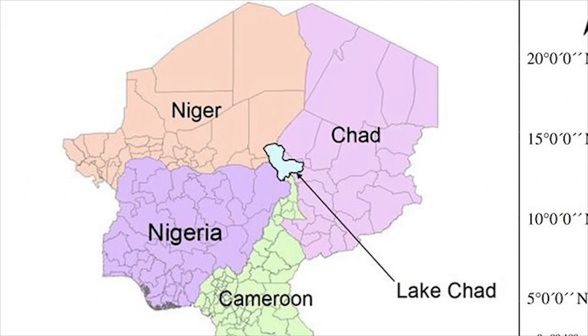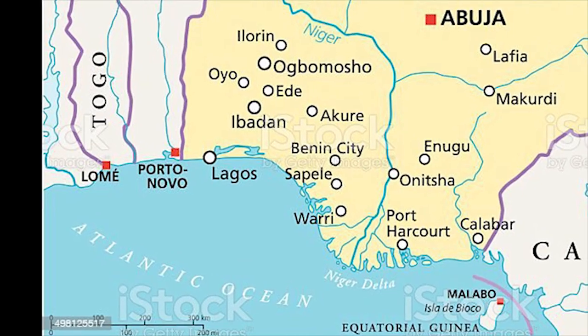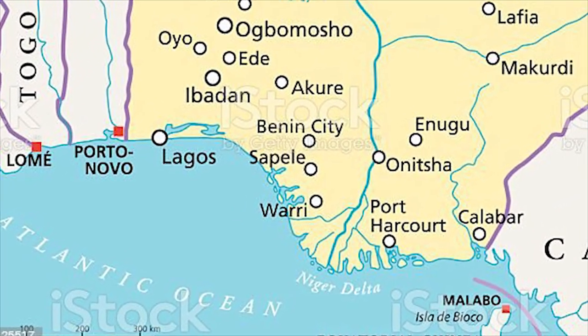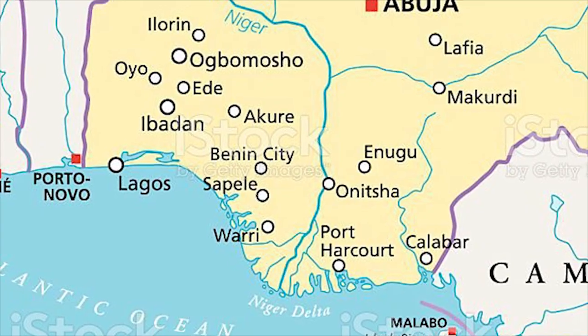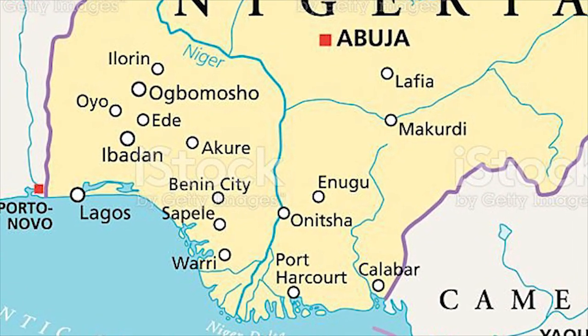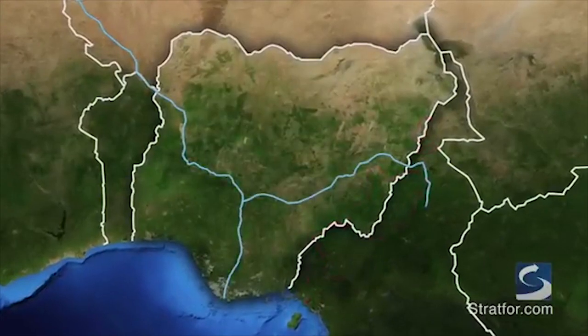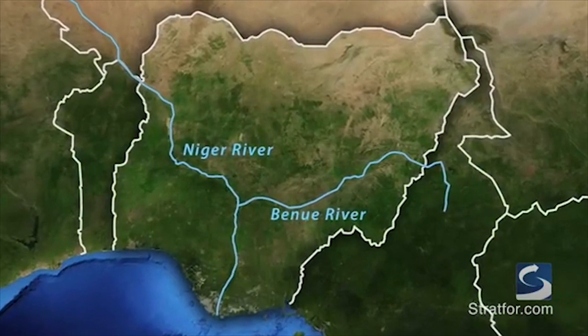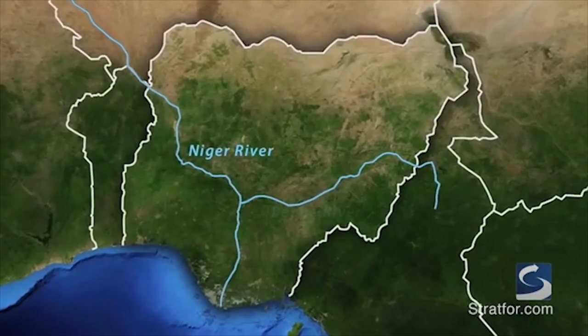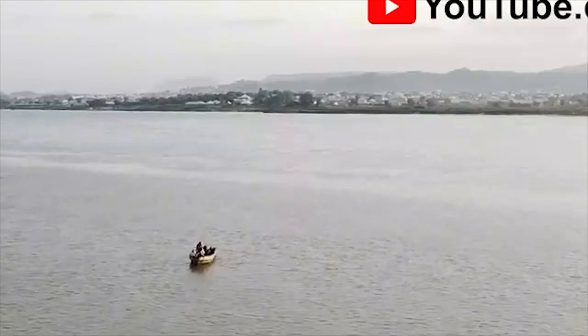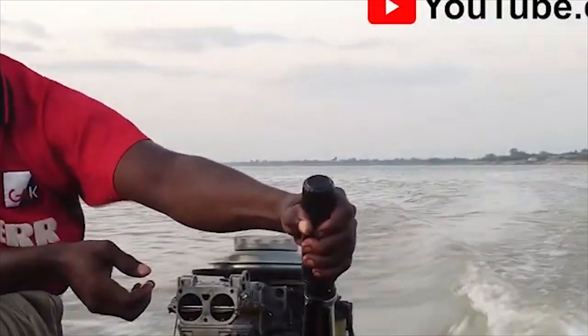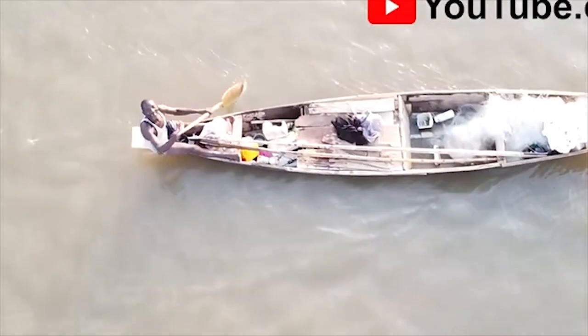On the northeastern border lies Lake Chad, and its southern end is the Niger Delta, that is, the end of River Niger, and at that same southern end lies the bank of the Atlantic Ocean. The north and southern parts of Nigeria are linked by 2 major rivers, namely River Niger and River Benue. These 2 rivers meet at a place called Lokoja in current-day Kogi State.